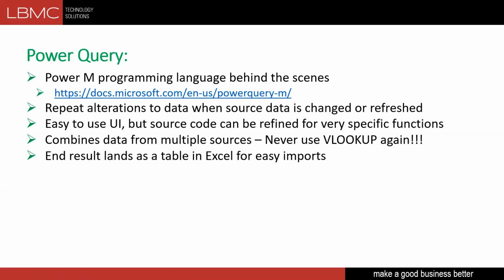Easy to use UI, and yes, it is very user-friendly, but the source code can be refined for very specific functions. Combines data from multiple sources. Never use VLOOKUP again. I will have to say, I shed a tear there because VLOOKUPs are near and dear to my heart. But your end result is a table in Excel for easy import.